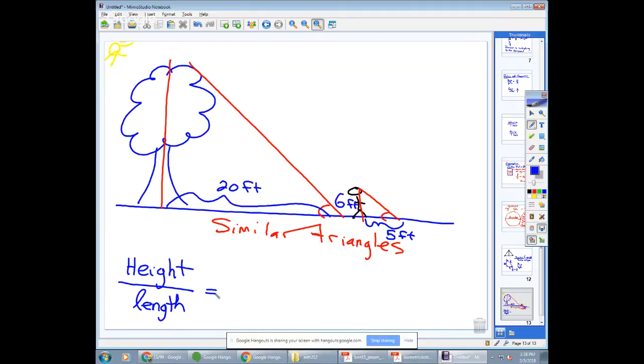So here for the tree, I do not know the height, but I do know the shadow length. And if they're indeed proportional, same shape, then the person has to have the same thing. Its height divided by its shadow length have to match in ratio.